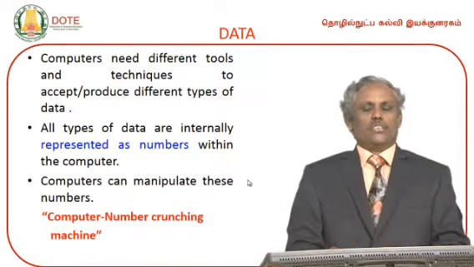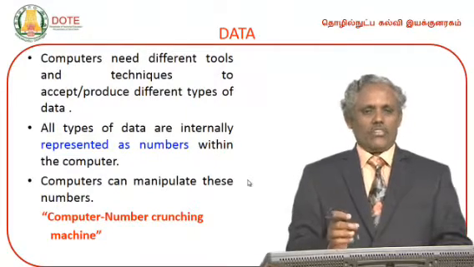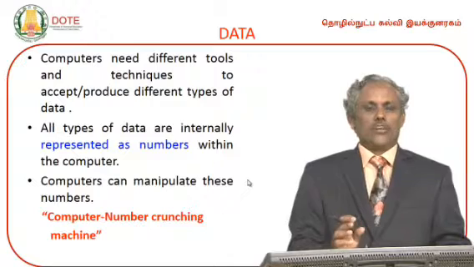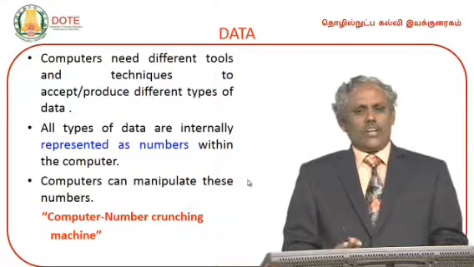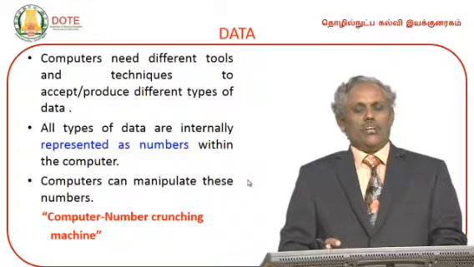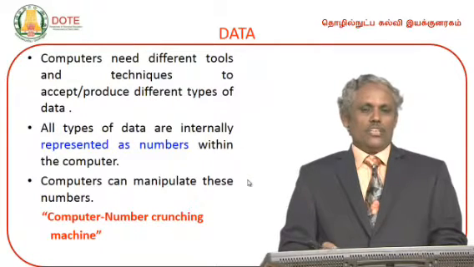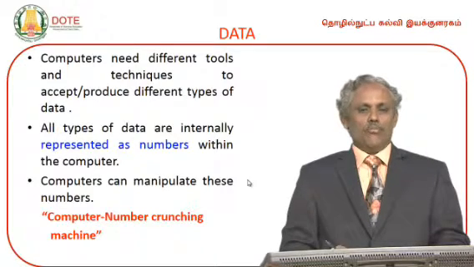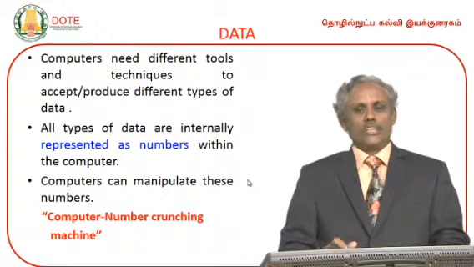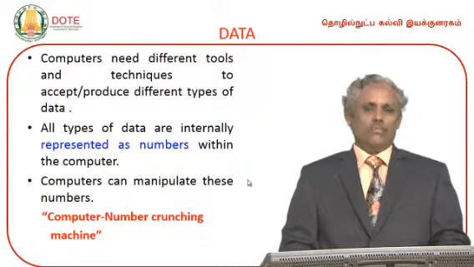In between, the process is the calculation, where we will see what are the actions performed on those data. The entered data are internally represented as numbers, even though it is an image or audio, they are represented as numbers inside the computer memory. So, the computers can manipulate numbers. So, we call the computer a number crunching machine, that means number processing or numeric processing machine.